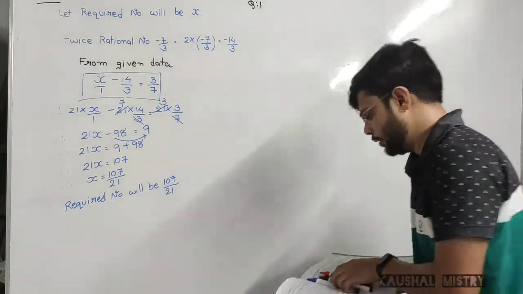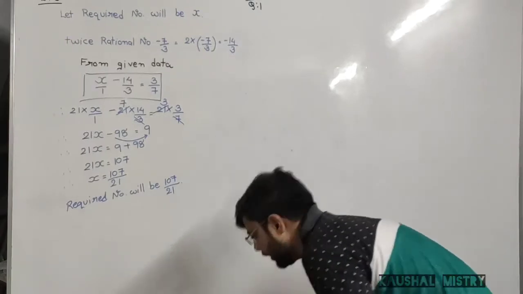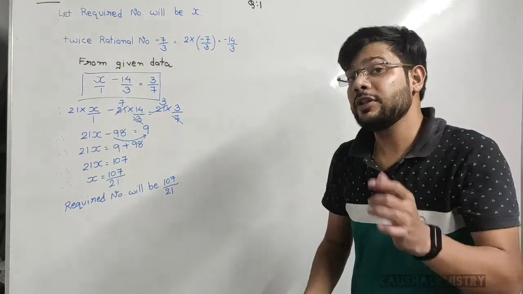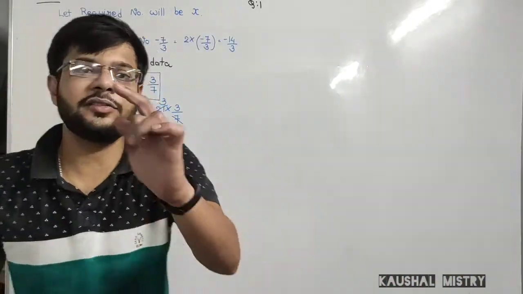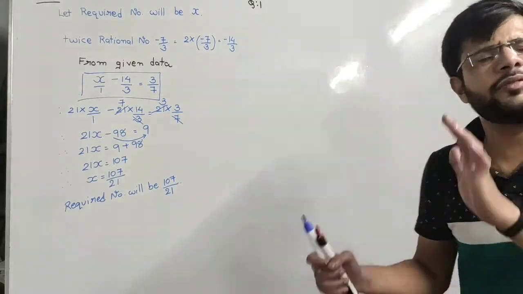What is the number? That means we have to assume that number is x. You can take m, n or any alphabet, but it will be easy if we take x.